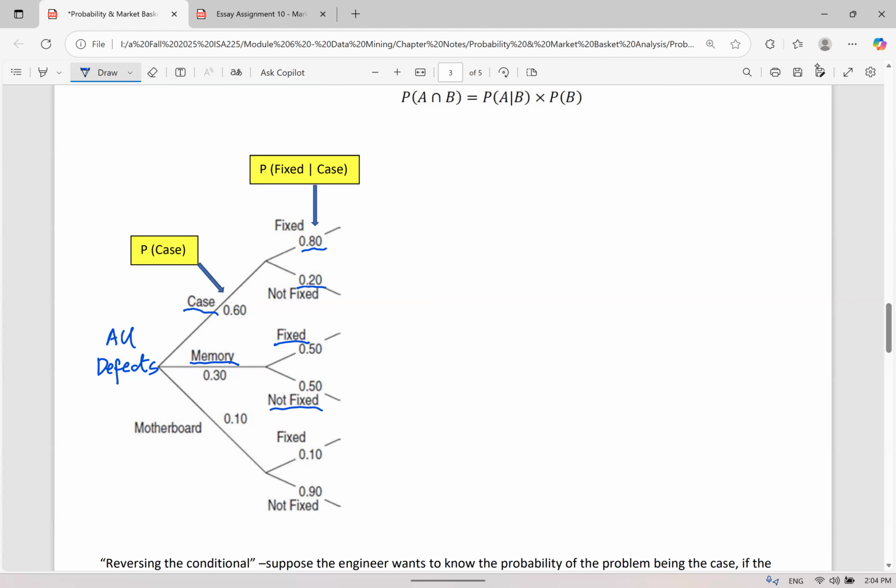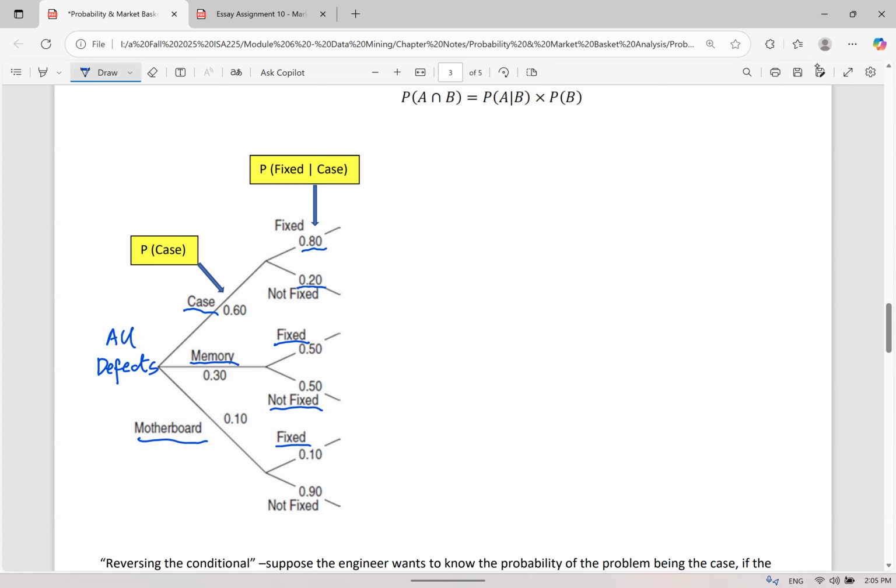A motherboard problem is hard to fix: only 10% can be fixed and 90% cannot. That's all the information we have for now.